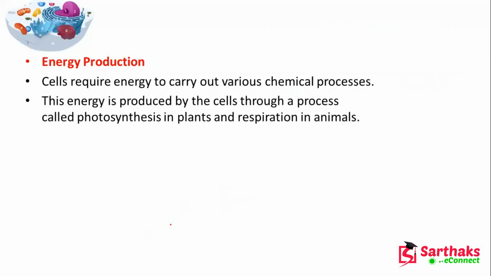Now, energy production is another function of the cell. That means ATP for the plant, and this energy is produced by the cell through a process called photosynthesis. Photosynthesis in plants and respiration in animals.